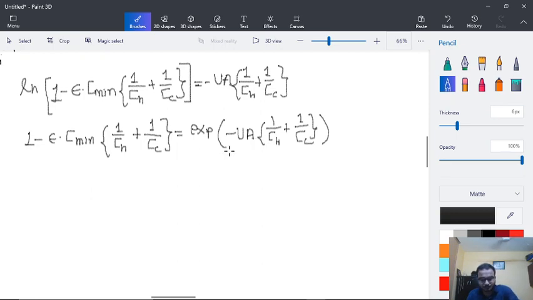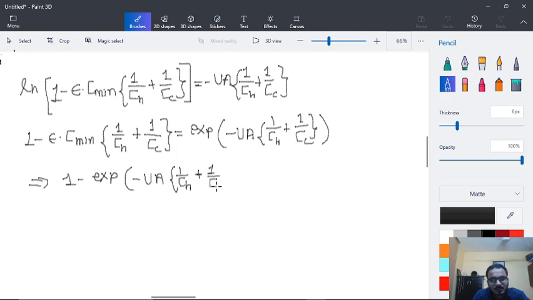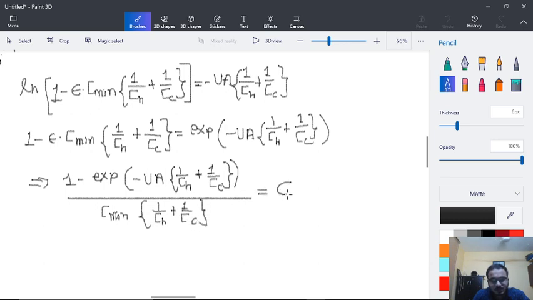Here we require epsilon, so this implies that 1 minus exp of minus UA into 1 divided by Ch plus 1 divided by Cc, divided by C minimum into 1 divided by Ch plus 1 divided by Cc, is equal to epsilon.